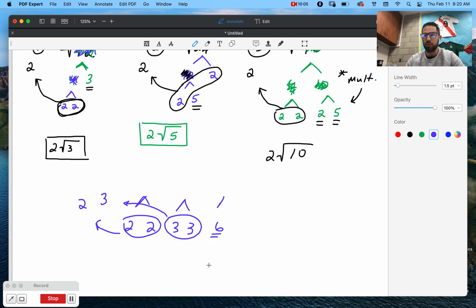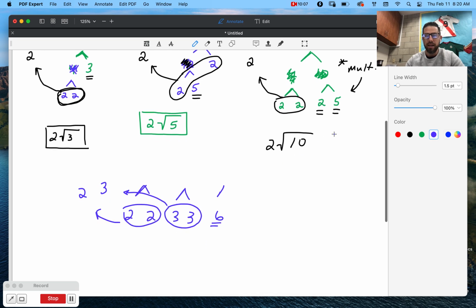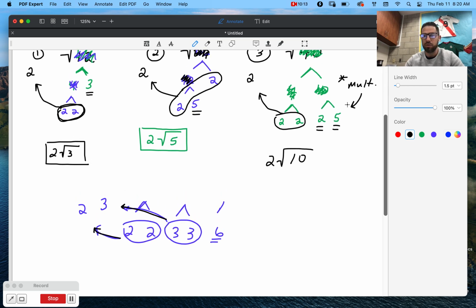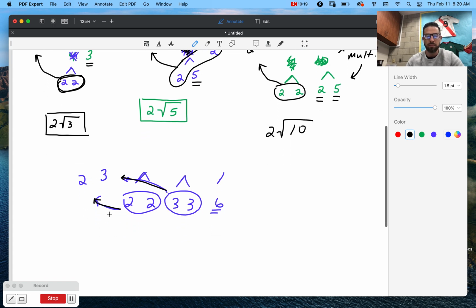And these are my leftovers, which is a 6. Anytime you have more than one pair, this guy came out and this guy came out, you do exactly what you did here with your leftovers. If you have more than one number, you multiply. So our 2 times 3 would be 6, and our leftovers on the inside would be the 6. You see how that works?